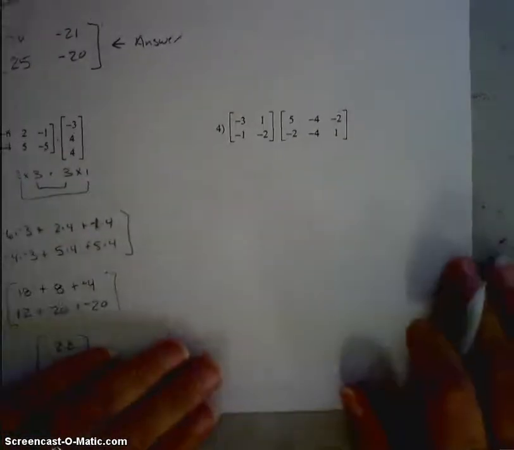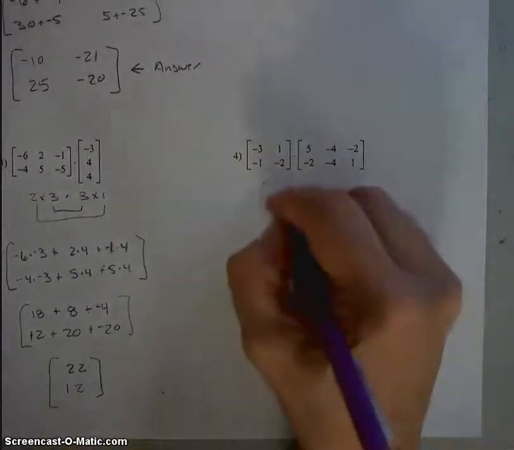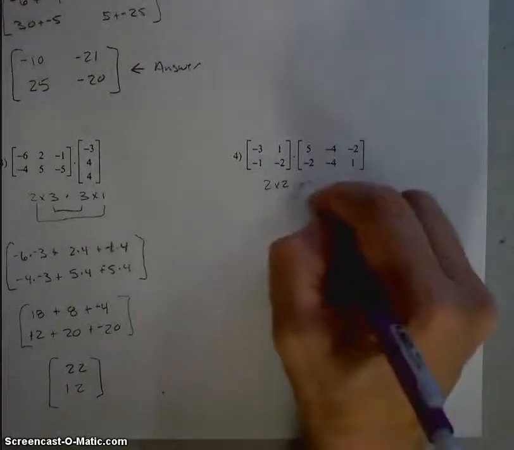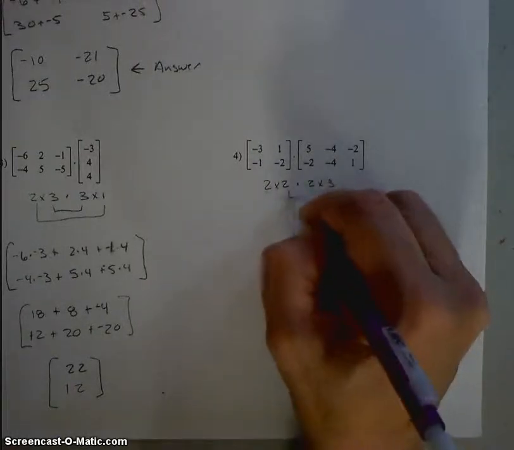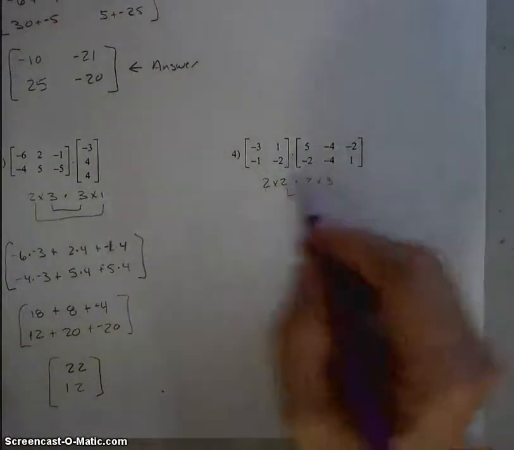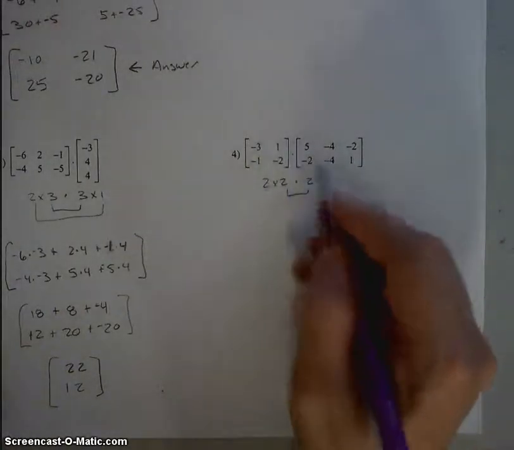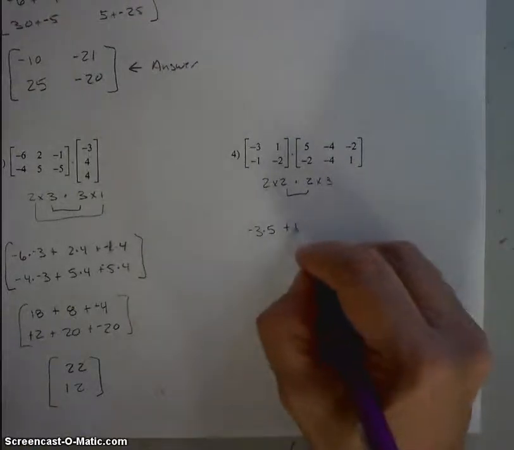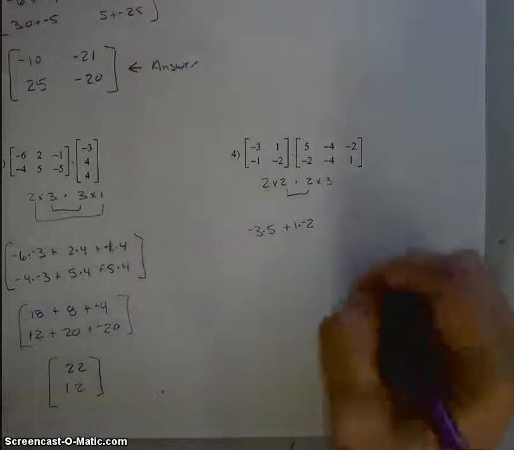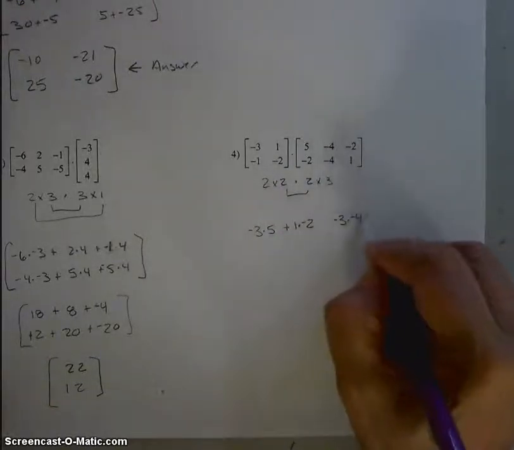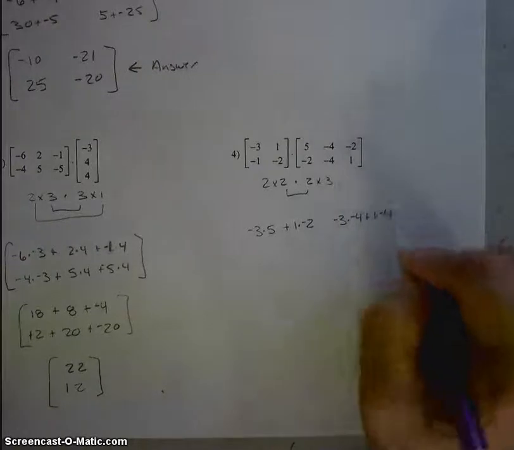Okay, so let's look at number 4. Okay, so number 4, we have a 2 by 2, 2 rows, 2 columns, times a 2 row by 3 columns. So my inside numbers are equal, and I know that I'm going to wind up with a 2 by 3 matrix. So we're going to multiply row 1 times column 1. So I have negative 3 times 5 plus 1 times negative 2. Then I'm going to multiply row 1 times column 2, so negative 3 times negative 4 plus 1 times negative 4.